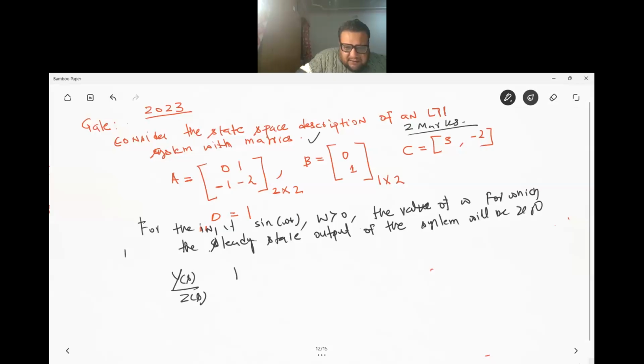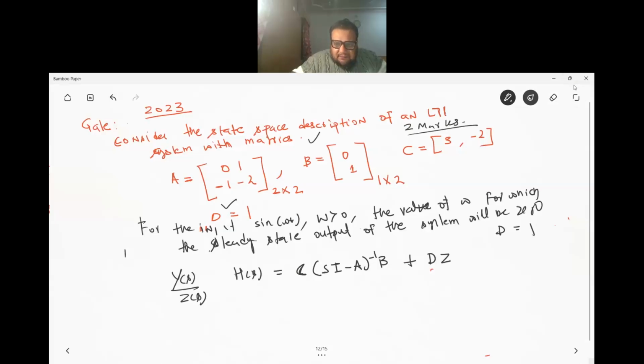So H of s would be C into sI minus A inverse into B plus D. D value he has given, D is equal to 1.